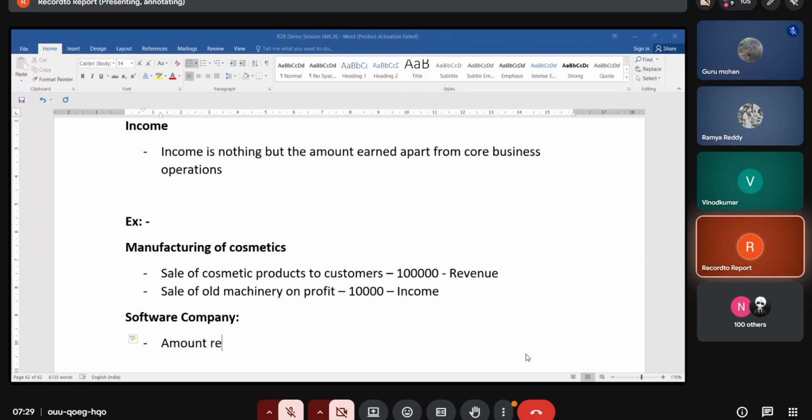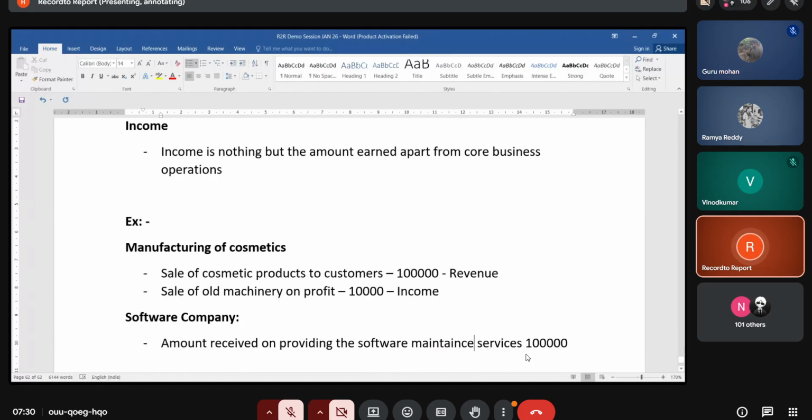Amount received on providing software maintenance services, 1 lakh rupees. What is the money I received, guys? I received it from software maintenance.